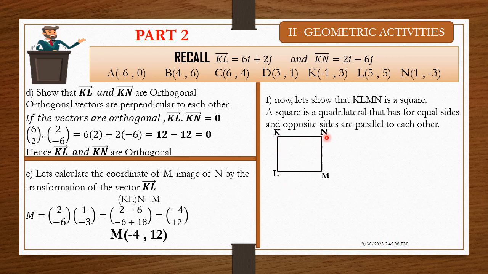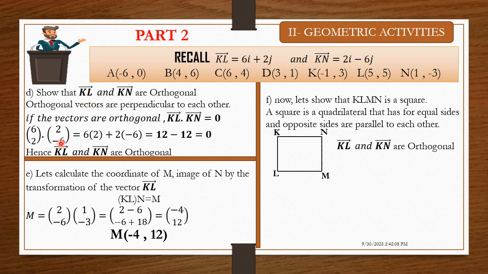And then what about being parallel? We know that if KL and NM are parallel to each other, and LM and KN are parallel, then the angle between KL and KN is going to be 90 degrees. What do I mean? KL and KN are orthogonal.